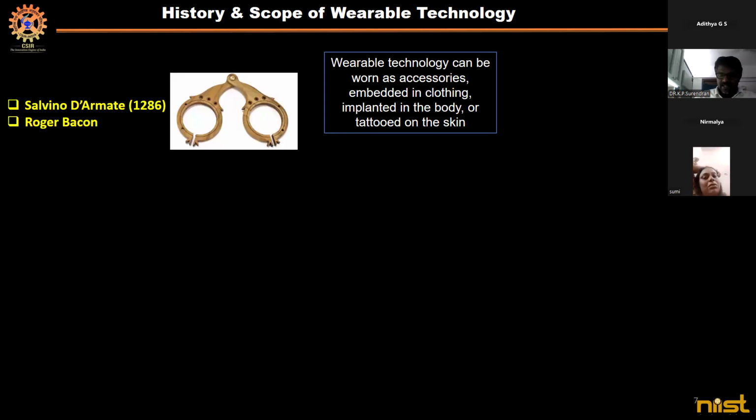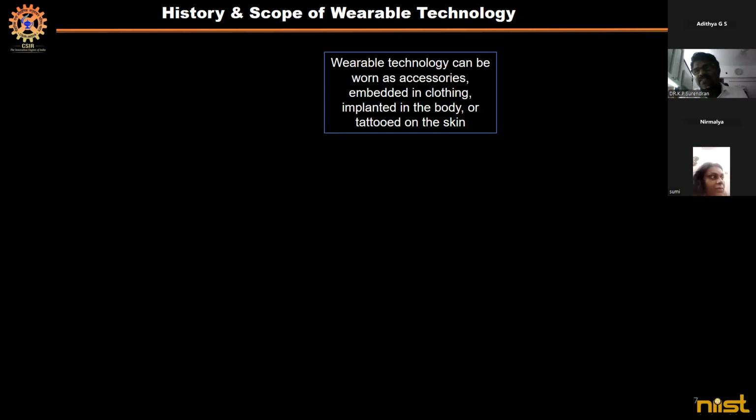But I will ask you a question: what is the first wearable technology that man has ever invented? It is not fabrics and all. They are not wearable technologies, they are just wearable. The earliest technology that mankind used was a pair of goggles.